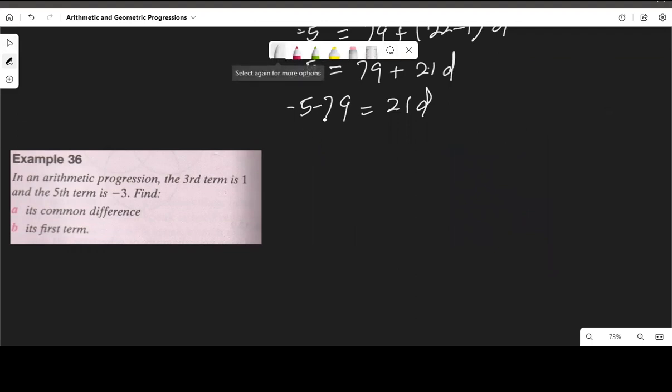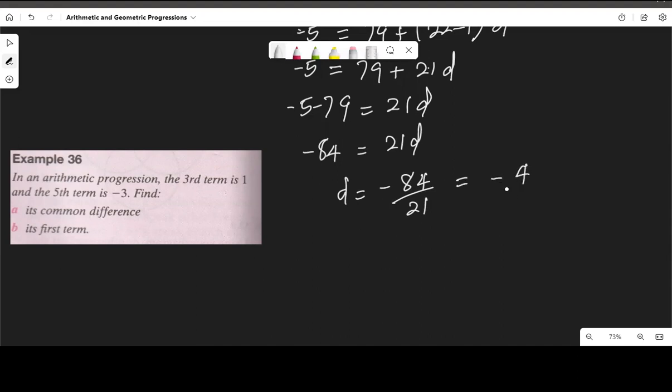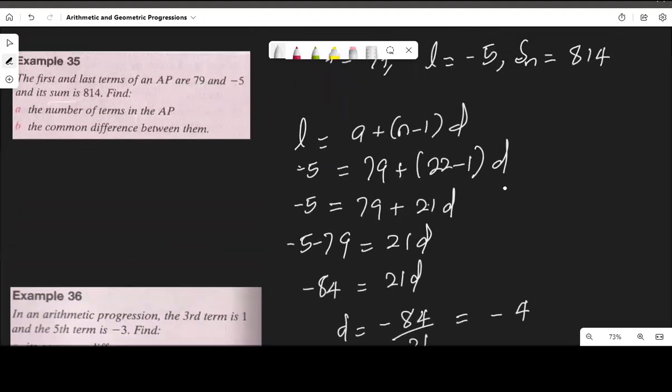Minus 5 minus 79 is minus 84 equal to 21d. D therefore is minus 84 over 21. And 84 divided by 21 is 4. So our answer is minus 4. The common difference is minus 4.